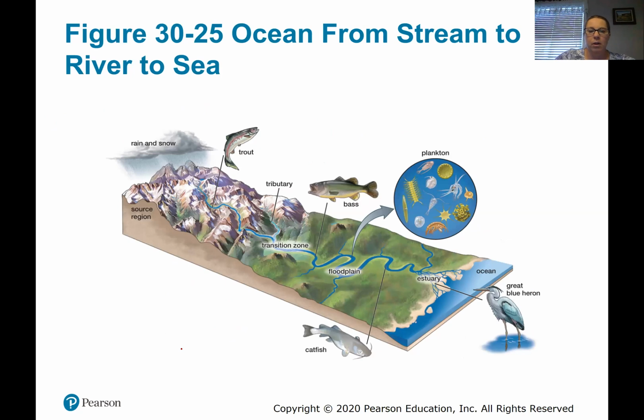Okay, and so here the high mountain lake might be the source. And as it comes down, we get to other streams and tributaries that flow into here, and then you get to the transition zone from this high mountain area, or kind of an oligotrophic type region, transitioning into a floodplain and then perhaps into an estuary out into the ocean.